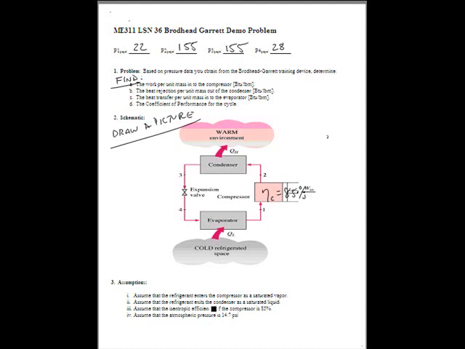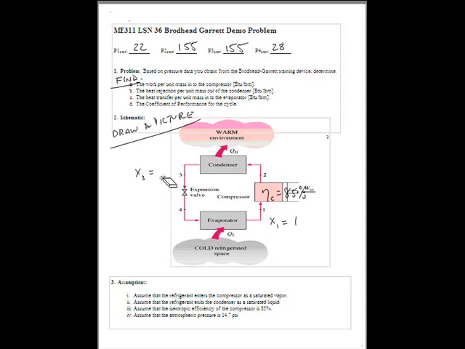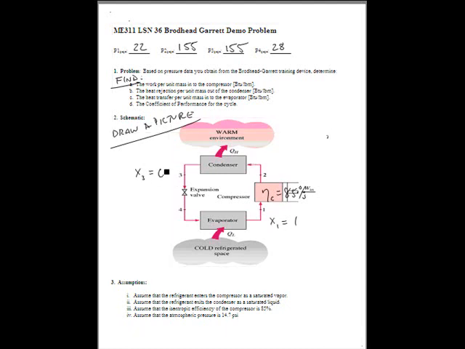The refrigerant exits the condenser as a saturated liquid, and the refrigerant enters the compressor as saturated vapor, so that means the quality of state 1 is 1, and state 3 is 0. I've got that backwards earlier. So quality of 1 at state 1, quality of 0 at state 3, the pressure is constant across the heat exchangers, and we know a compressor efficiency of 85%.